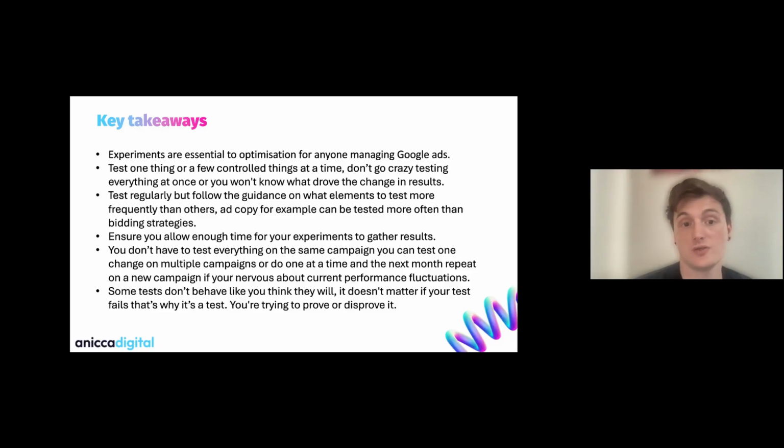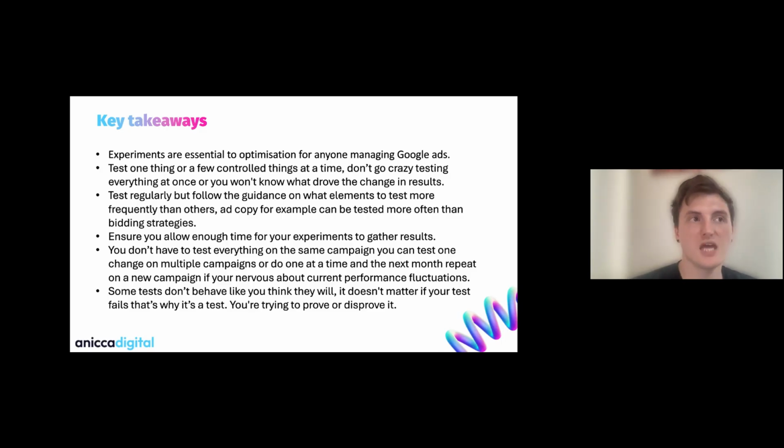Ensure you allow enough time for your experiments to gather results. This is crucial. There is no point running experiments if you don't let them do what they're supposed to do. If you cut them off too early, or you just let them run indefinitely, it doesn't make any sense. Let them run for enough time until you see the results you're happy with, and you go, right, this is the better campaign. Don't be tempted to cut them off or end them too early, because things can change from week to week.